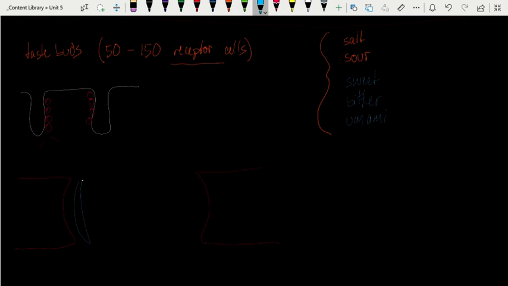We have these receptor cells, maybe a couple of blue ones, and there are 5 different colors. Maybe a green one. Let's add maybe a couple of yellow ones. Orange one. And a red one. So within this taste bud, I've got 50 to 150 different receptor cells.